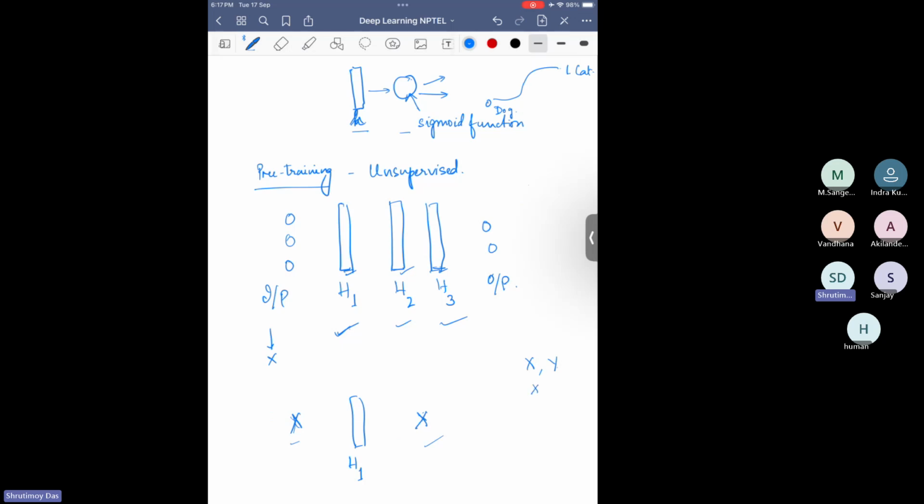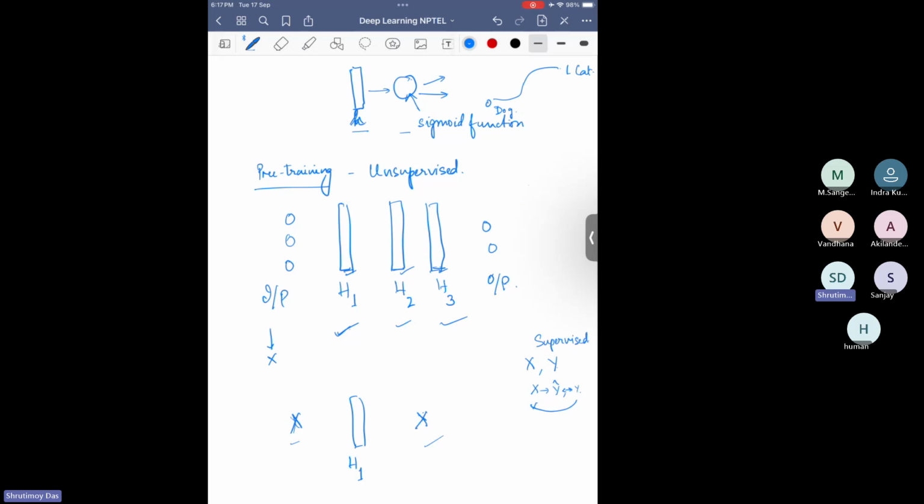Using X, you predict some Y hat. You compare that Y hat with Y, and then you back propagate and learn your weights or whatever parameters you have. That is supervised learning because it is supervised by the labels that we have.